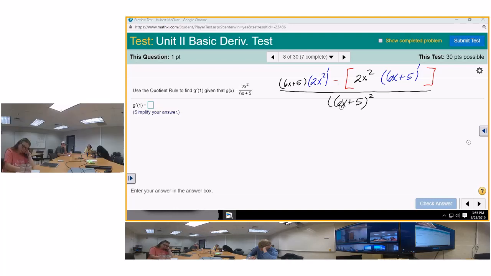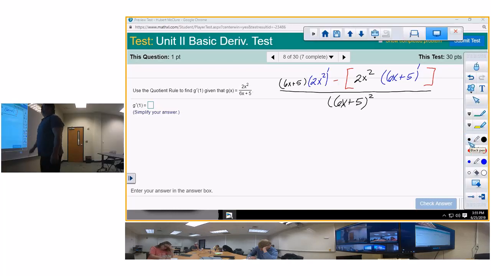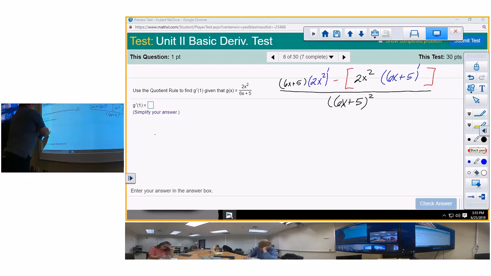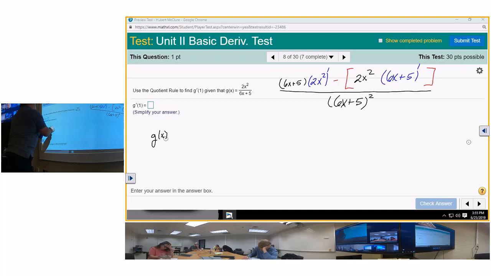Or we could rewrite it and do g of x is equal to 2x squared times 6x plus 5 to the -1 power.